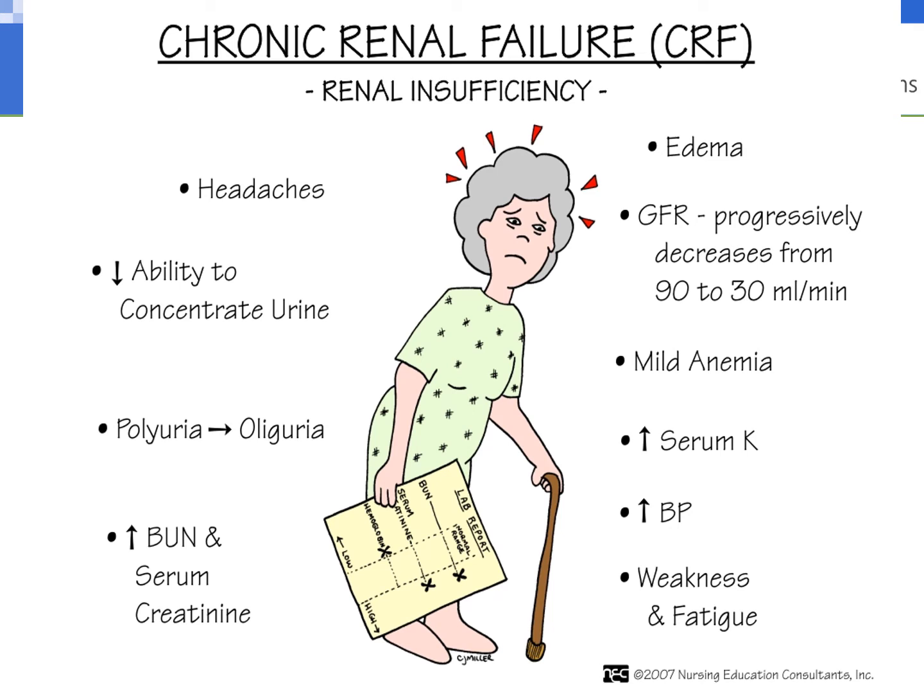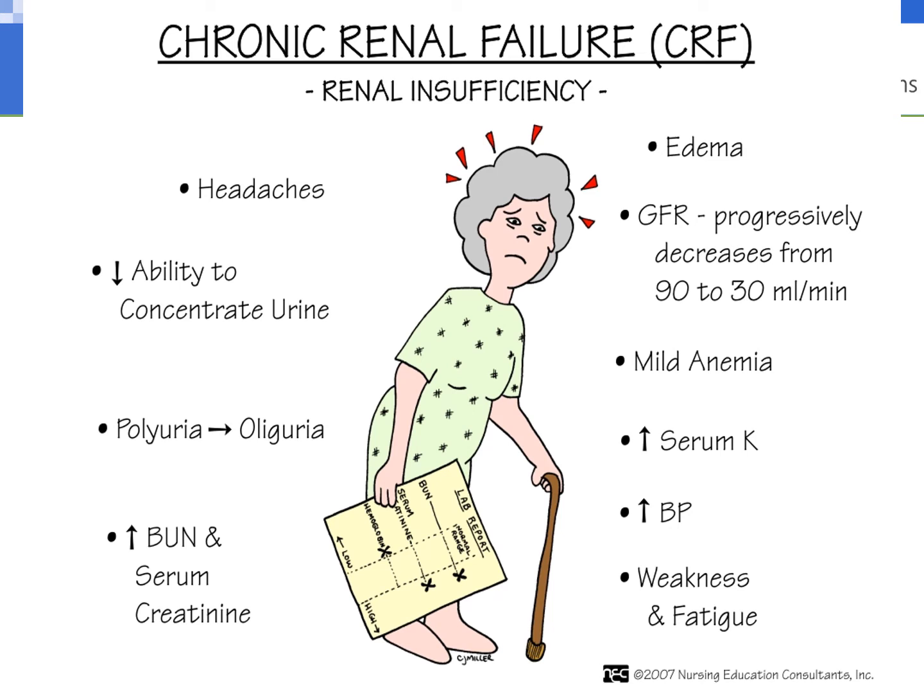So some mild anemia because of the erythropoietin. We'll see that increase in serum potassium because, again, the kidneys aren't excreting it. That's one of the wastes that's got to get out. And blood pressure issues, weakness and fatigue. BUN and creatinine is going to be elevated.